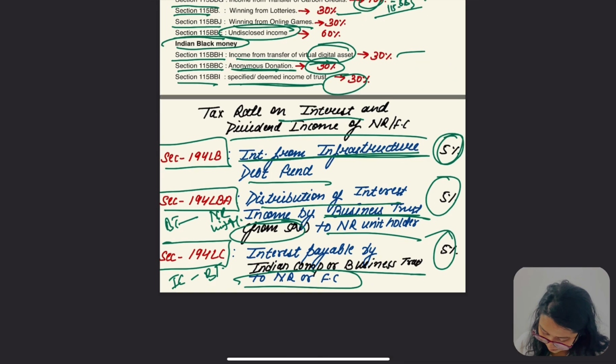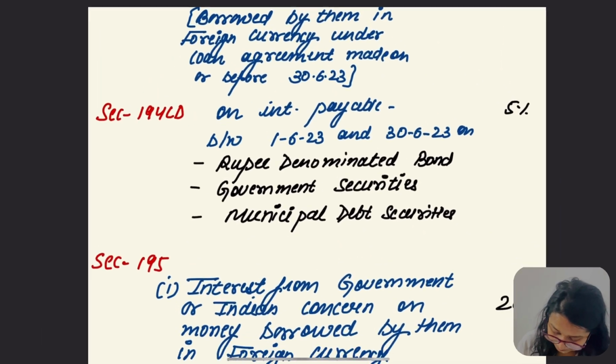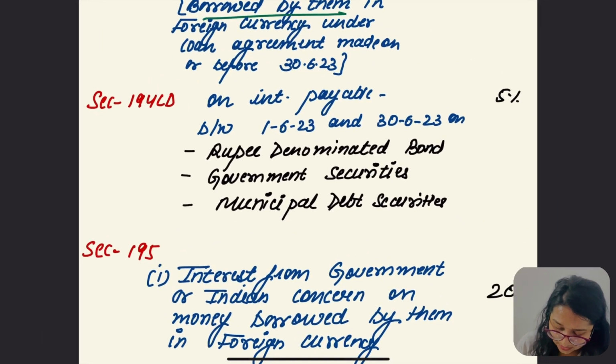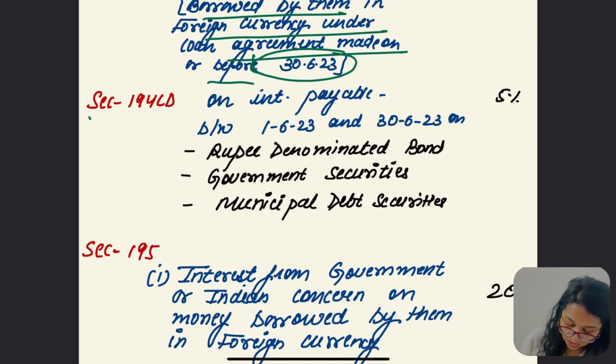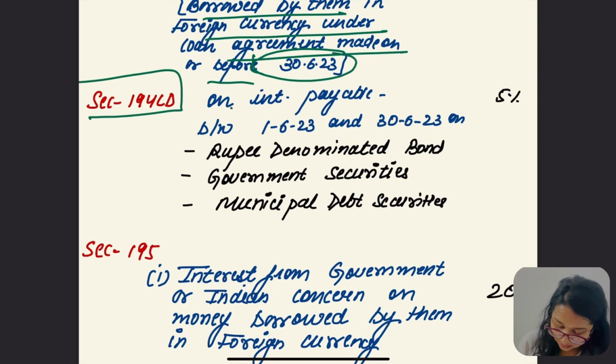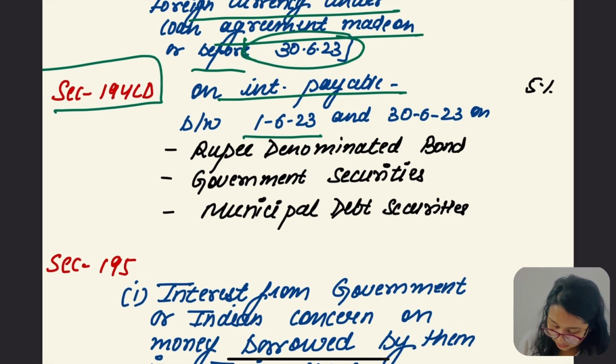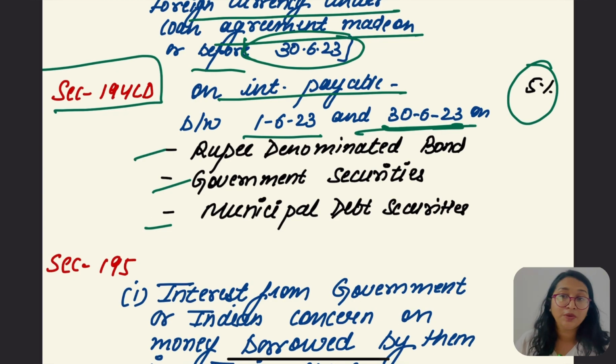That would be again taxable at the rate of 5%, on money borrowed by them in foreign currency under loan agreement made on or before 1/7/2023. Now section 194LD, this is about interest payable between 1/6/2023 and 30/6/2003 on rupee denominated bond, government security, municipal debt security, 5% would be chargeable.